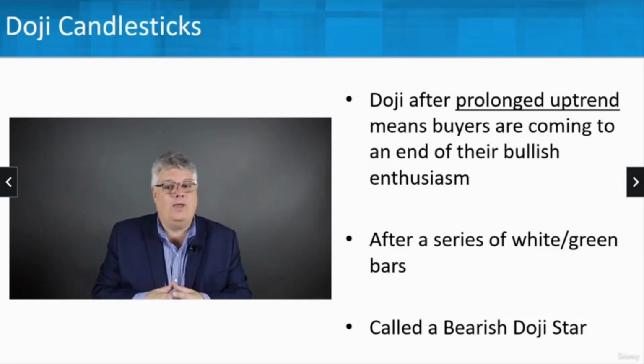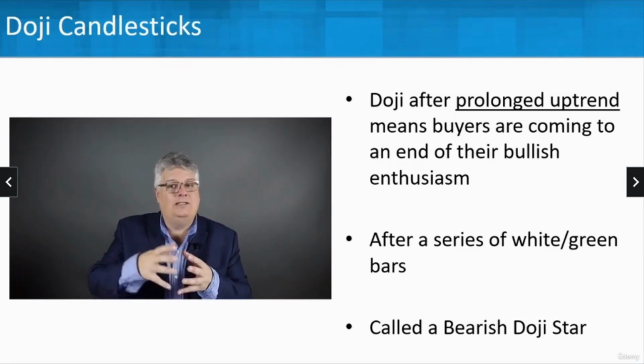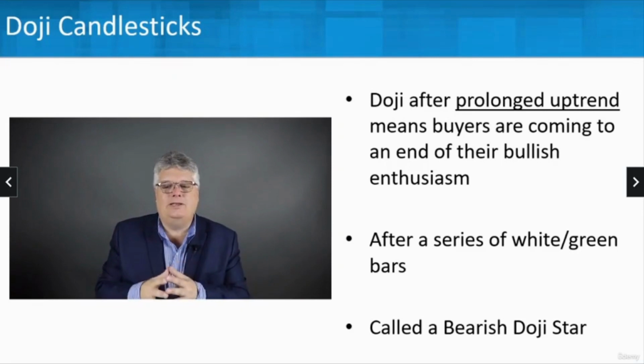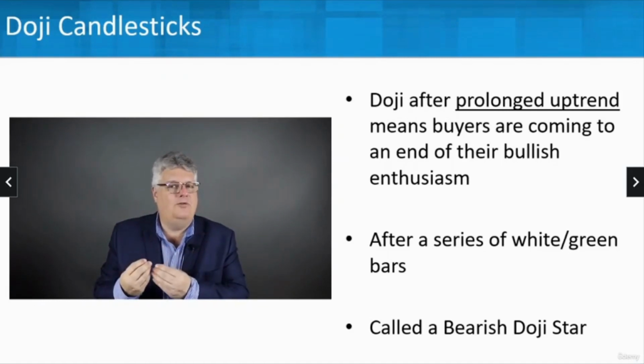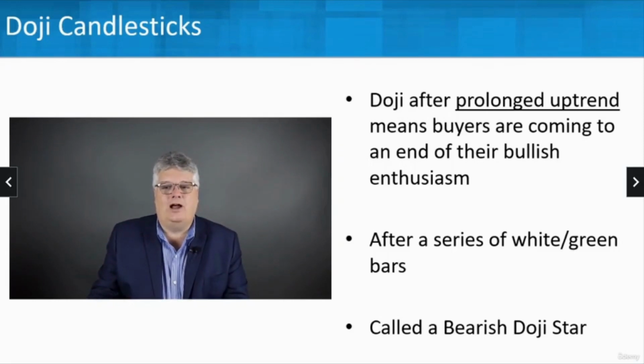And that's called a bearish doji star, right? Bull means things are going up, bearish means things are coming down. So we have this long uptrend, and now we see dojis coming in that might show indecisiveness, and we might be ready to make a move the opposite direction, down, thus a bearish doji star.